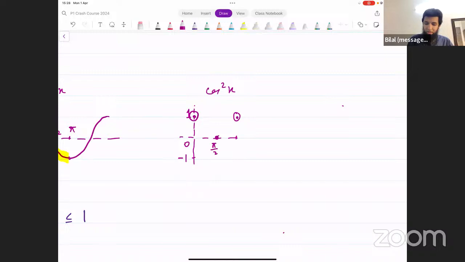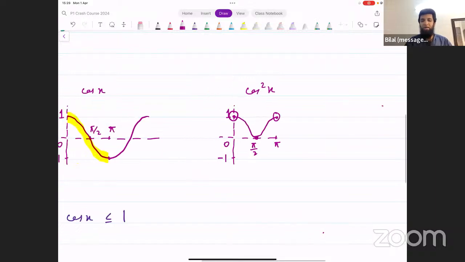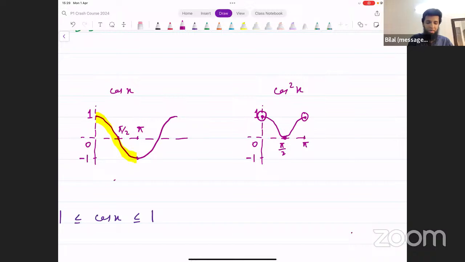From 0 to pi, it's going to go from 1 to 0 and then come back to 1 like this. Instead of going below the x-axis, since it's a square function, it cannot go below the x-axis. The range of cos square x is actually going to be from 0 to 1 instead of -1 to 1.